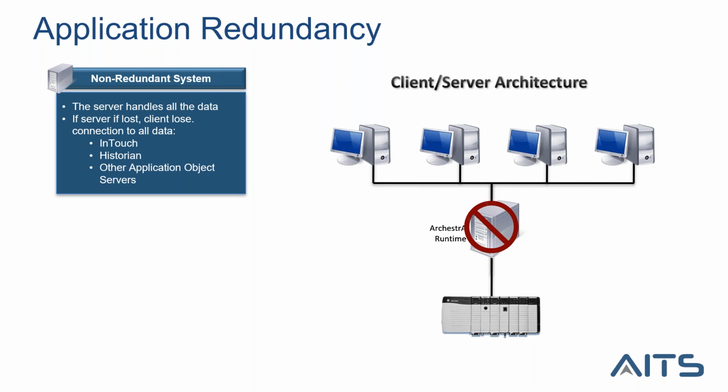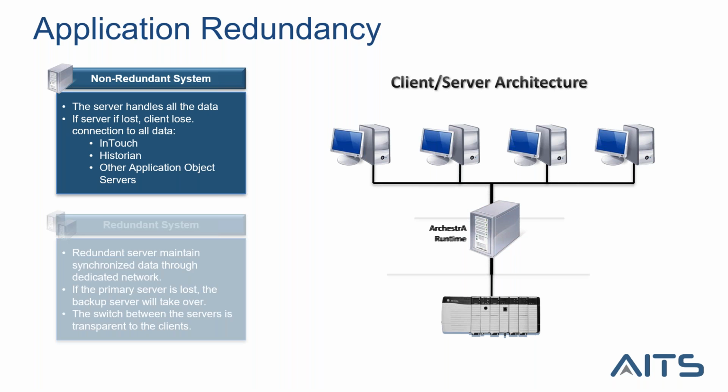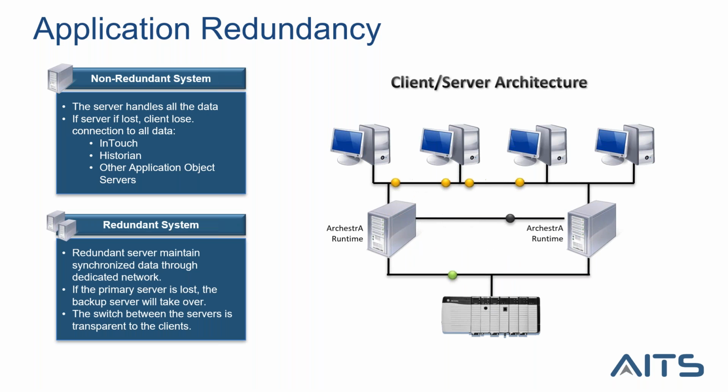So this is why this feature exists in my application server, or in the System Platform, where I can duplicate my resources and create a redundancy between the first server and the second server. So if I lose the first server, automatically the application will shift to the second server, and nothing will be lost.